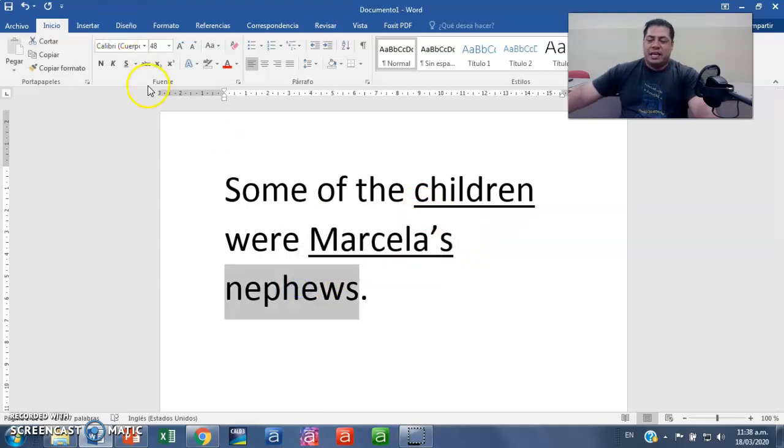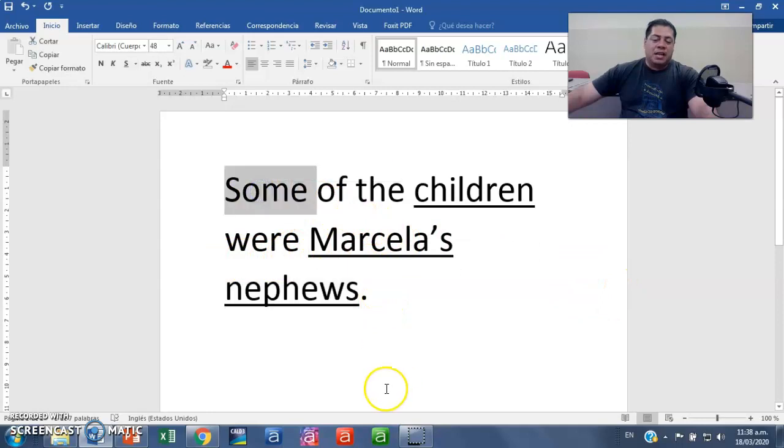And here we have nephews. All right. I don't classify the subject right now because the subject is not a noun. Then I go to children. Children is a noun. It's not the subject. It's the object of the preposition of.